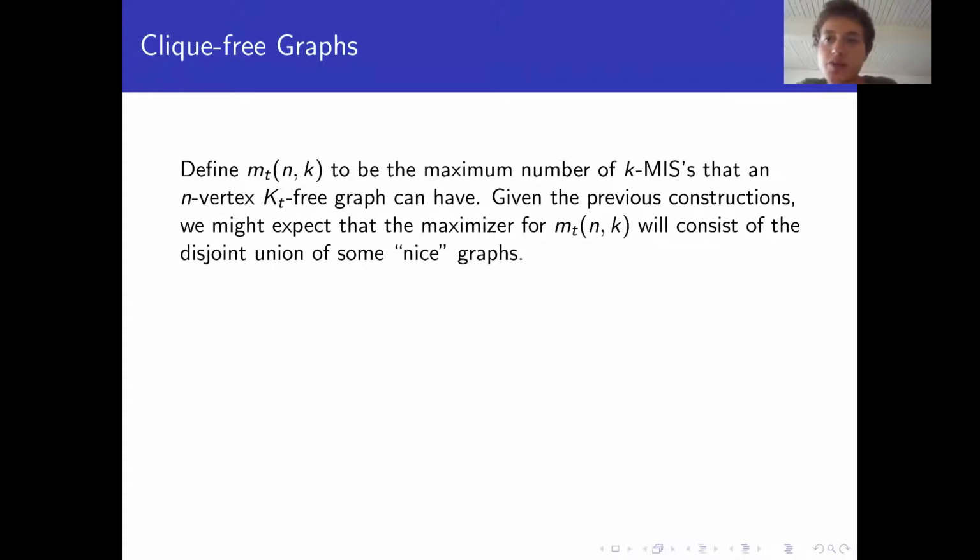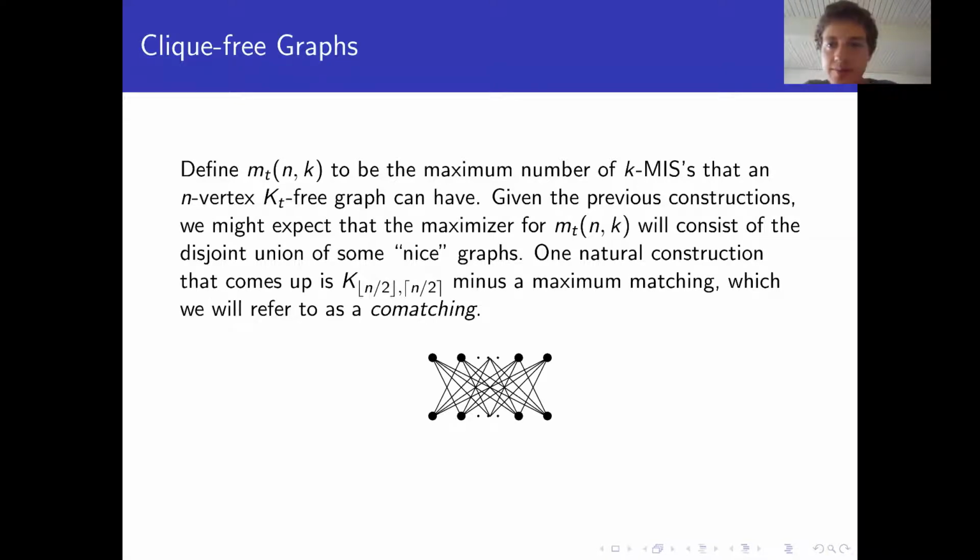So motivated by this, we might think that the answer again here is a disjoint union of something, which is K_t-free. You can play around with this a bit, and I claim that something that'll pop up for too long is what I'm going to refer to as a co-matching. So this is a complete balanced bipartite graph after deleting a maximum size matching. So for example, we're missing this edge and this edge and this edge and this edge and so on and so forth.